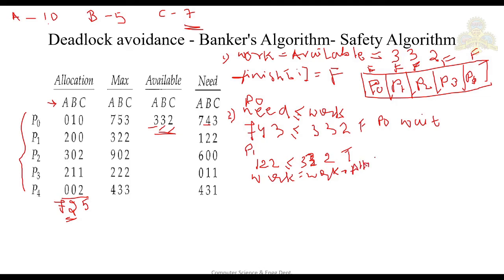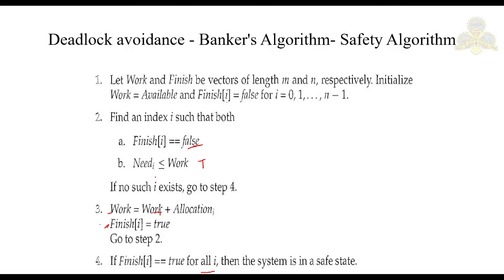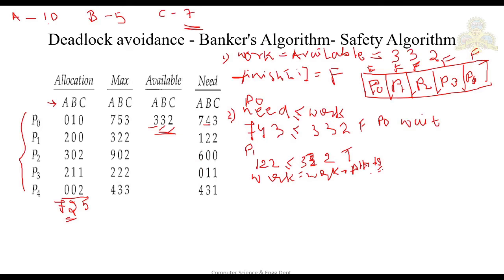This is there in your algorithm. Currently I am explaining this system. Fine, work is equal to work plus allocation. Previously what was our work? The value of the work 332, right? So 332 plus allocation of P1. What is allocation?